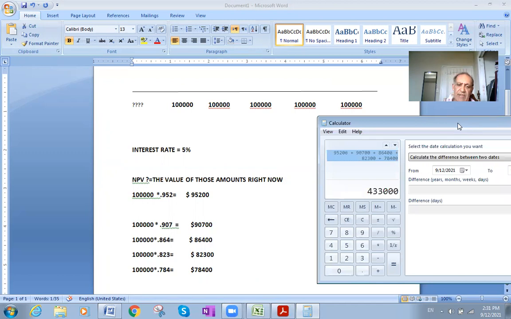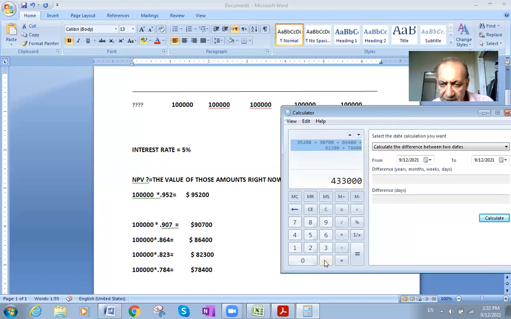This was the first part of how I will calculate, because if I add these all together: 95,200, 90,700, 86,400, 82,300, and 78,400, they will all be $433,000. I hope that I did the calculation right.